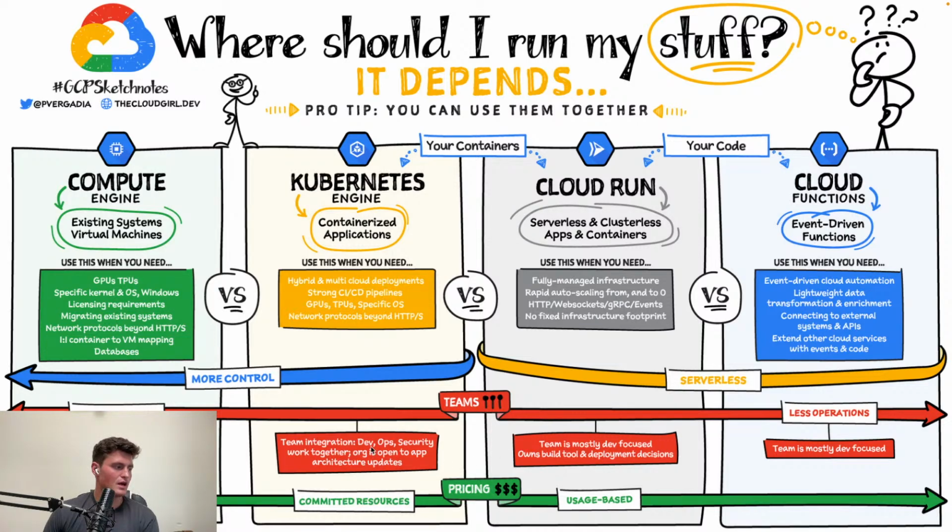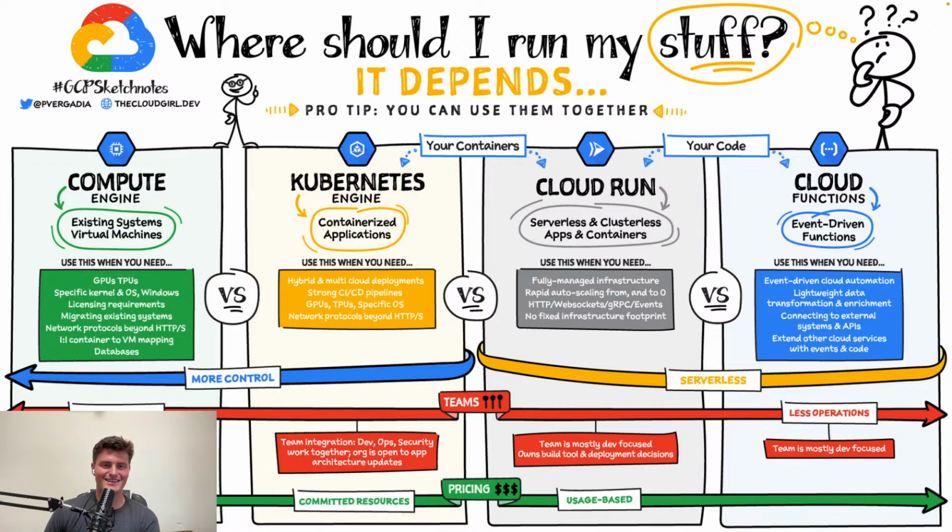Kubernetes is dev, ops, and security, and it's good for large applications where you might want to have a couple different applications, a lot more functionality. And Compute Engine, I think, is more for your own virtual machine.